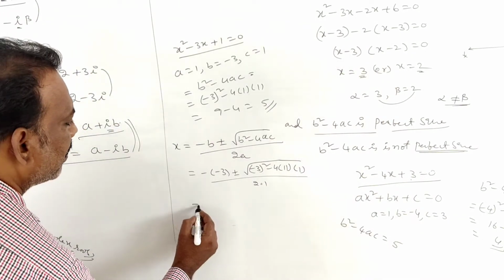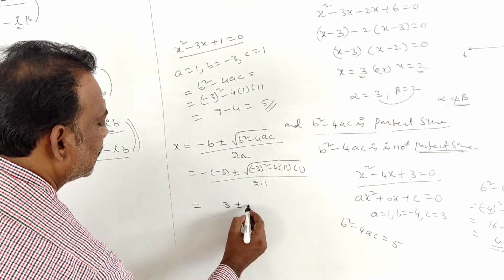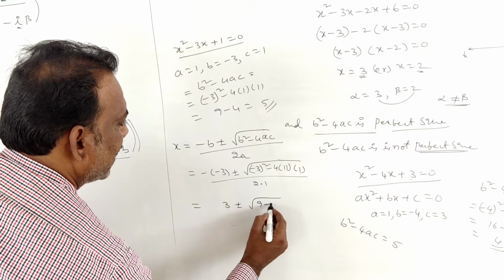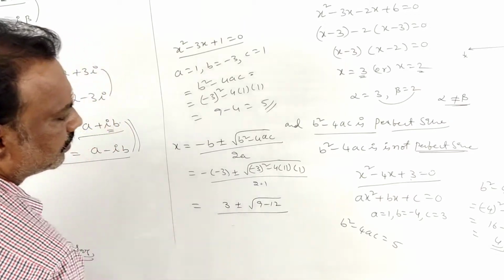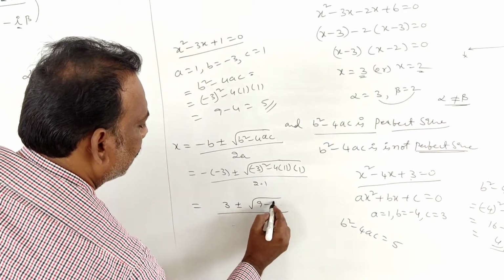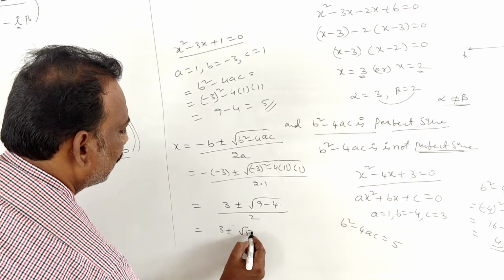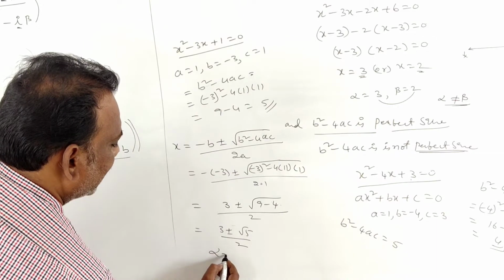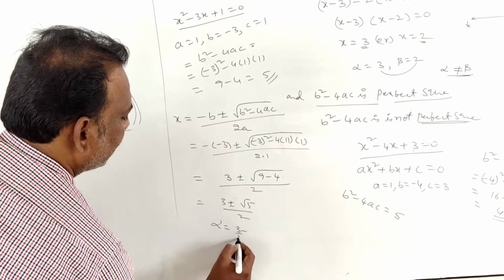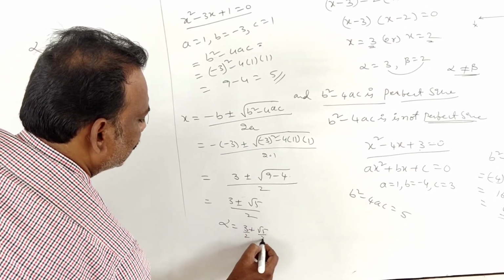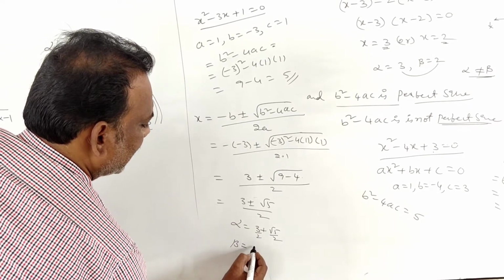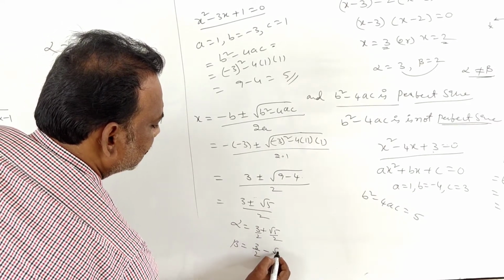You can simplify: minus of minus 3 is plus 3, plus or minus root of 9 minus 4, by 2. So 3 plus or minus root 5 by 2. So we are getting alpha is equal to 3 by 2 plus root 5 by 2, one root. Another one, beta is equal to 3 by 2 minus root 5 by 2.